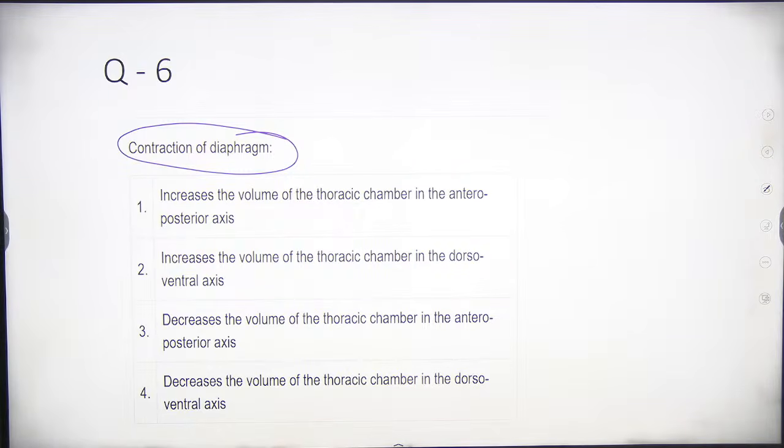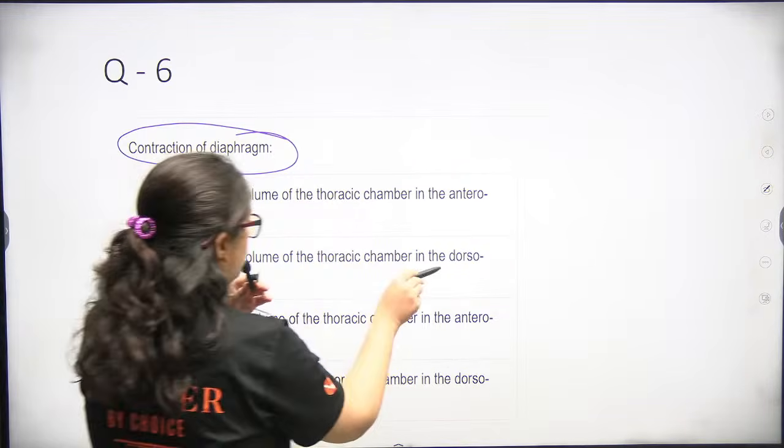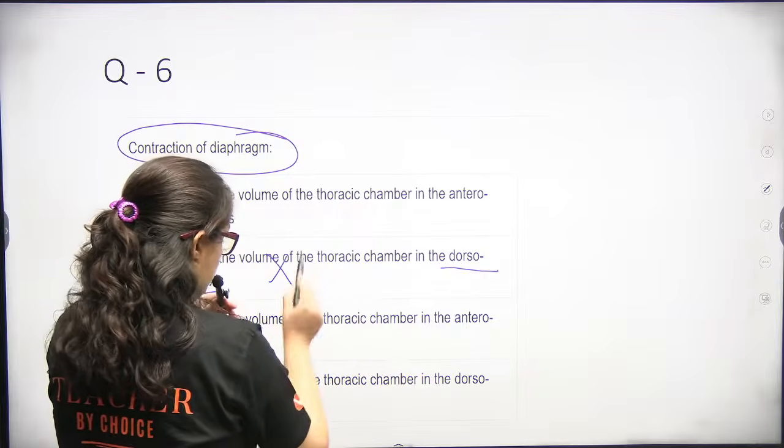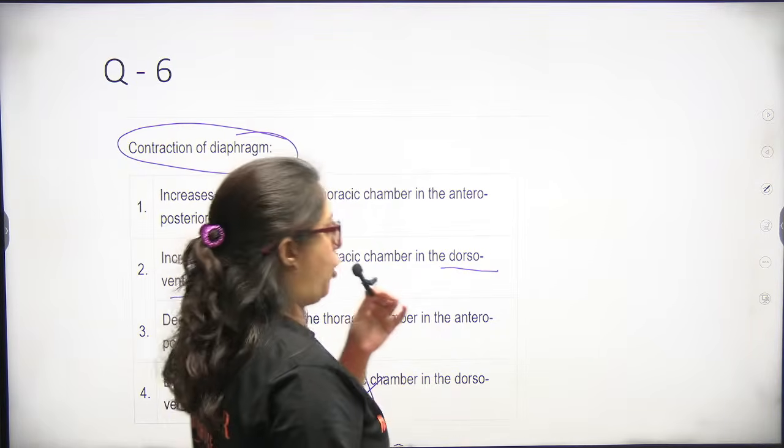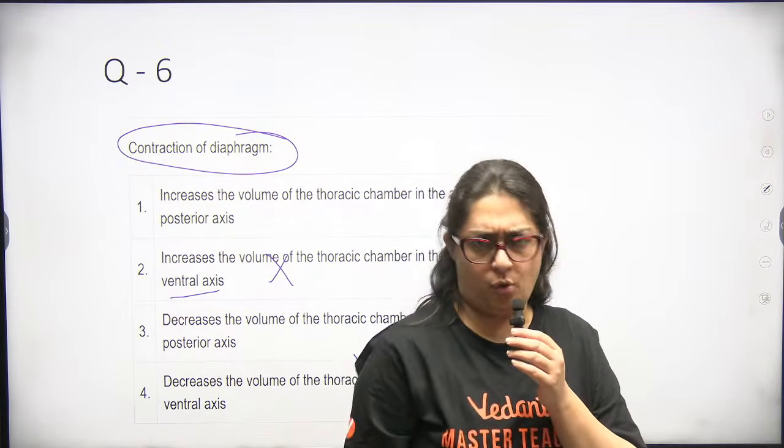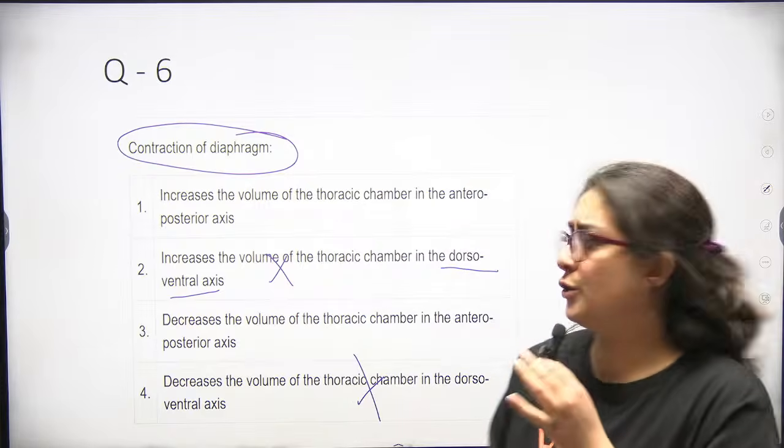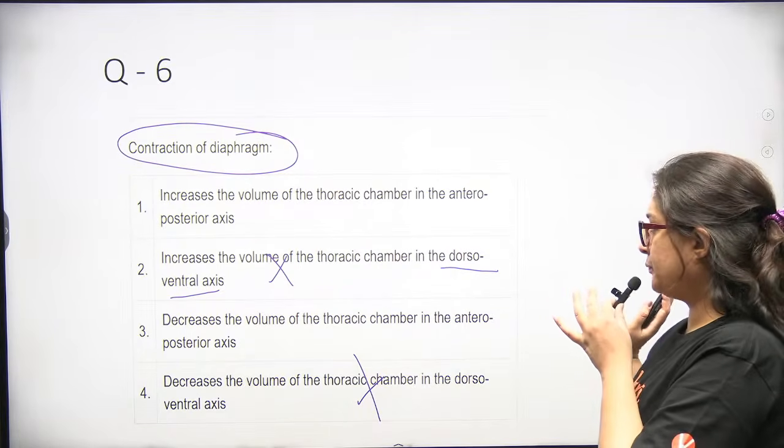Now we very well note that there is no concept of any dorso-ventral axis. So out of 4 options, 2 options are completely wrong. Now you have to focus on option number 1 and 3.